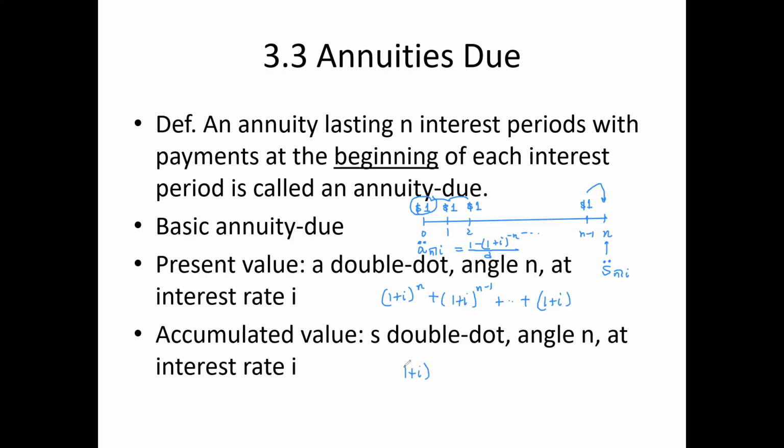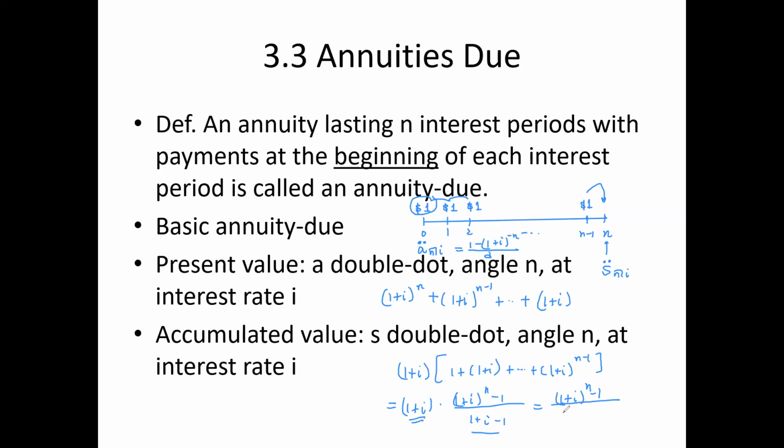So you have 1 plus i, plus dot dot dot, plus 1 plus i to the n minus 1. That's 1 plus i times 1 plus i to the n minus 1, over 1 plus i minus 1. So I have 1 plus i to the n minus 1 over, you have i on the bottom here, but then I'm going to move this factor to the bottom.